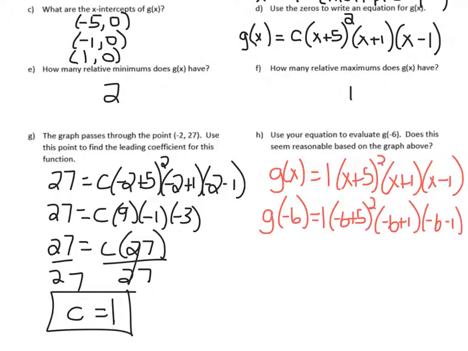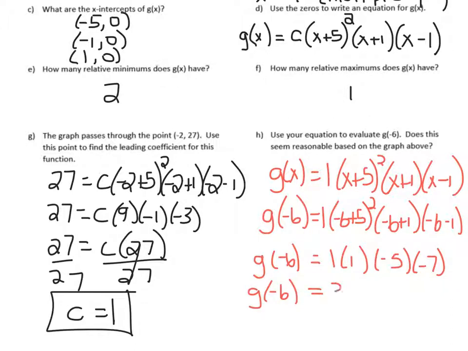All right, so if you want to bring down g of -6, you can. If not, you could just bring down the equal sign. All right, so we're going to be left with 1. -6 plus 5 is -1, and -1 squared is 1. -6 plus 1 is -5, and -6 minus 1 is -7. If we multiply all this out, we'll wind up with 35. So g of -6 is equal to 35.